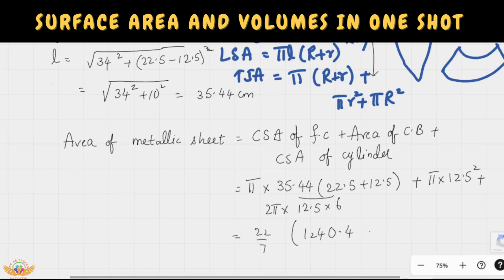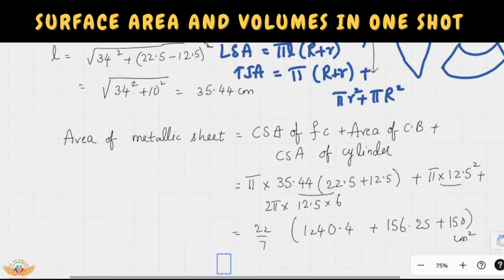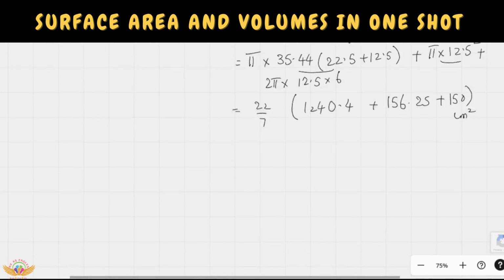After solving, we got approximately 1240.4, then 156.25, and then this value 150 centimeter square. Together, when I solve all these three, I got the answer as 4860.9 centimeters square.